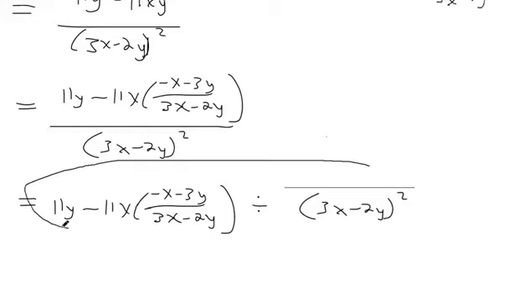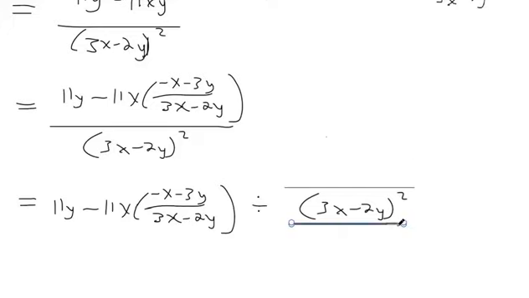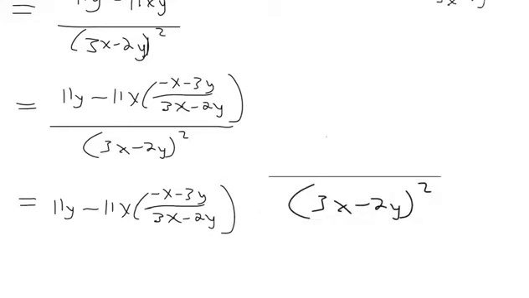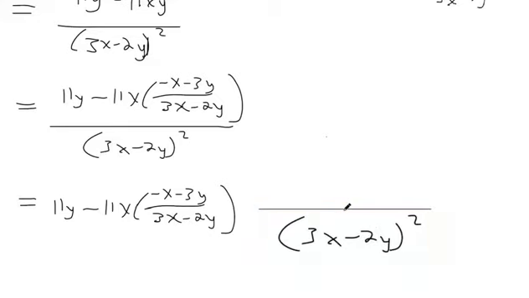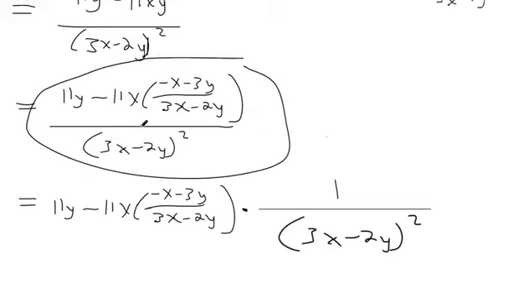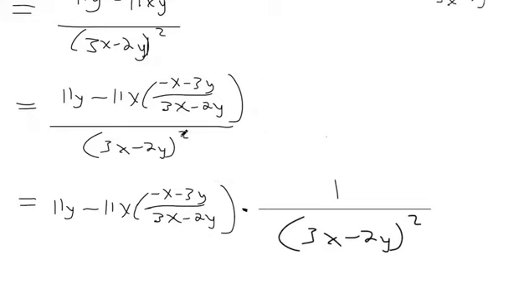So I just rewrote it, just unstacked the fraction. But instead of dividing, I can flip and multiply. I can make this over 1, and then flip and multiply that part. I rewrote it algebraically: instead of dividing by 3x minus 2y squared, I'm multiplying by 1 over 3x minus 2y squared.